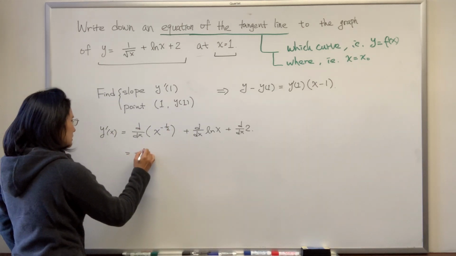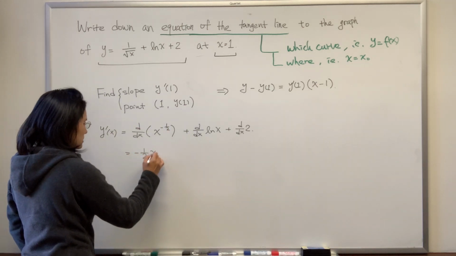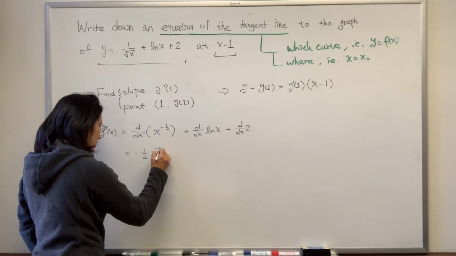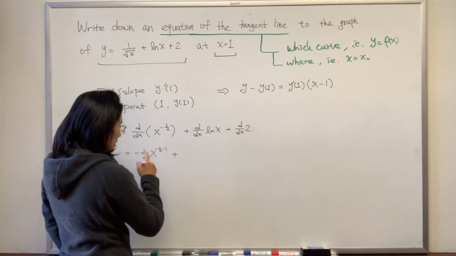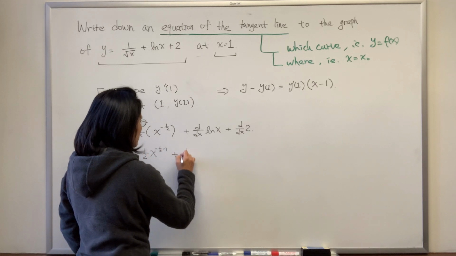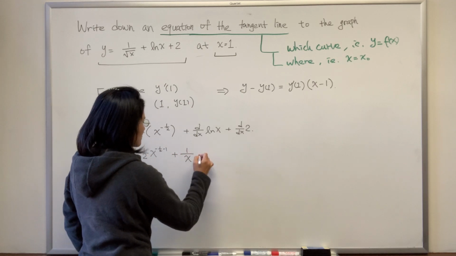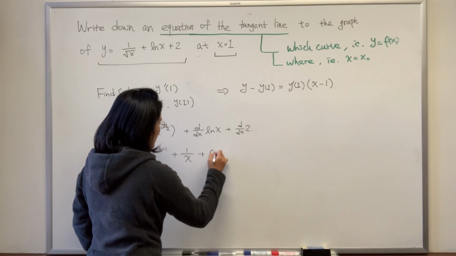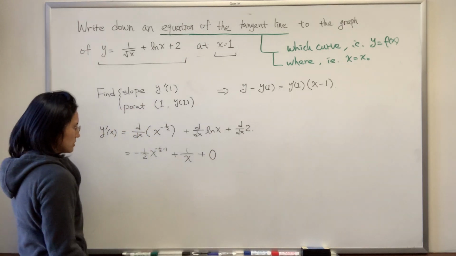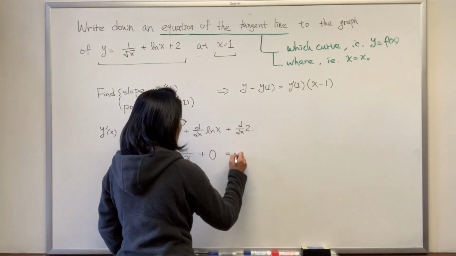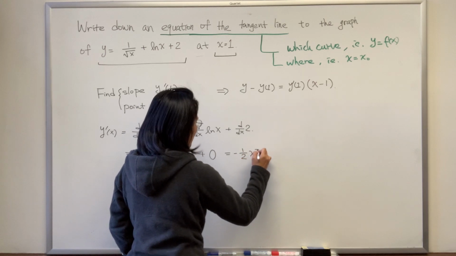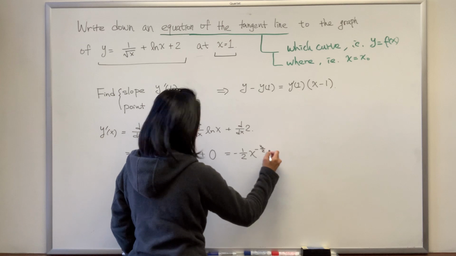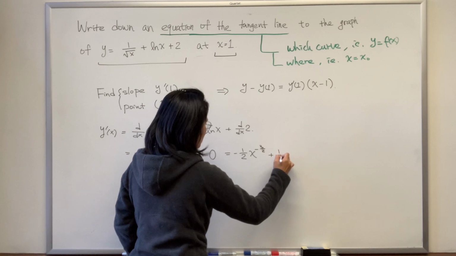So power rule: minus a half, x to the power minus a half minus 1, right? And the derivative of ln is 1 over x. The derivative of a constant is always equal to 0. So simplify this a little bit: minus a half, x to the power minus 3 halves, plus 1 over x.